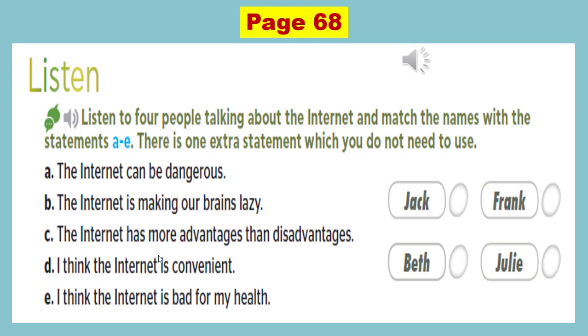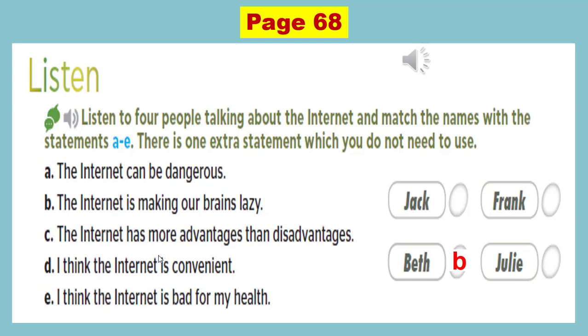Now let's match the names to the statements. Let's start with Beth. Beth believes that the internet is making our brains lazy. The answer is B. Now let's move to Jack.